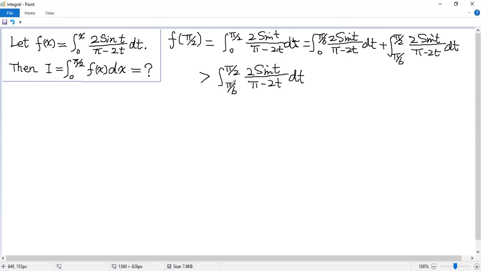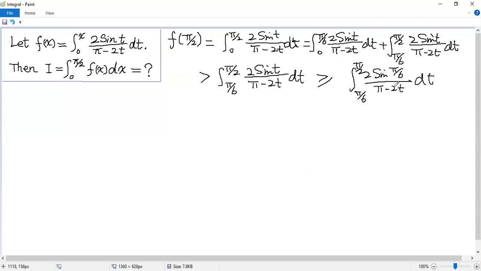Now, in the interval pi over 6 to pi over 2, sine is increasing. So if we change sin t to sin pi over 6, you see we have the relation.